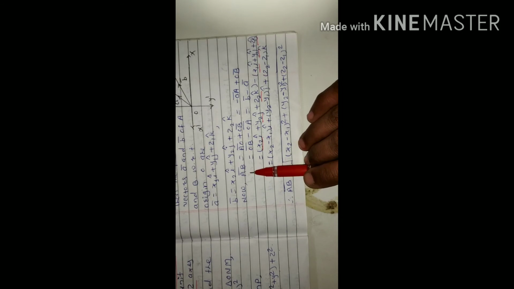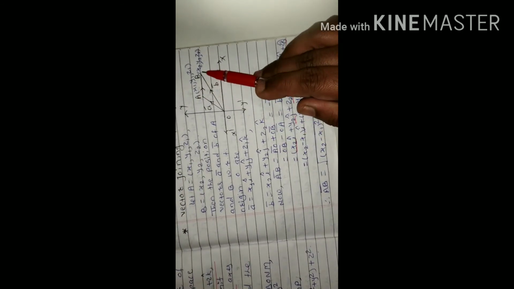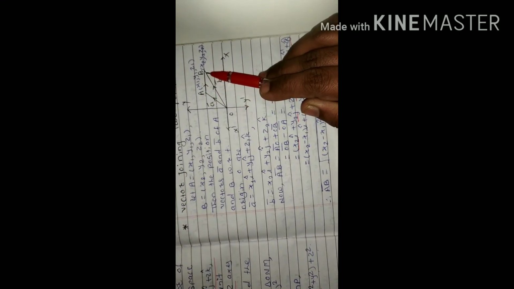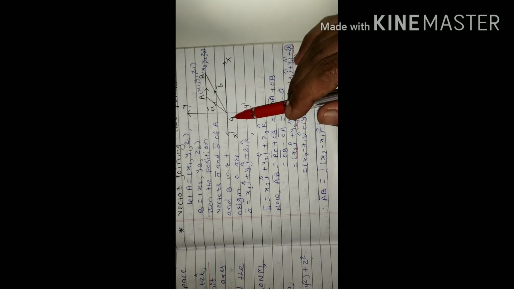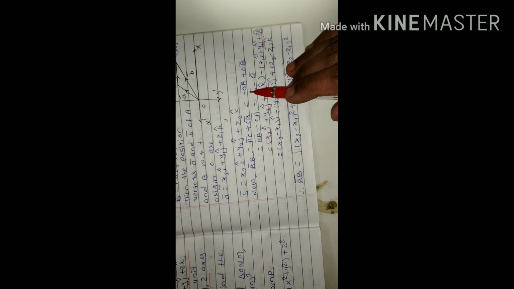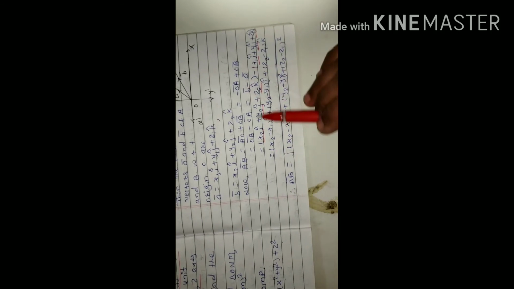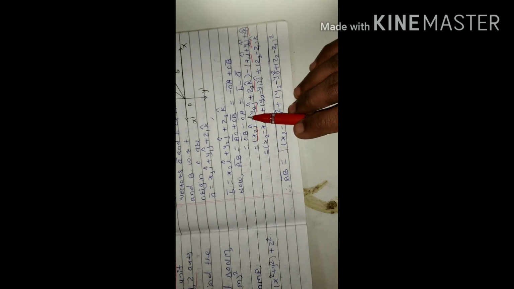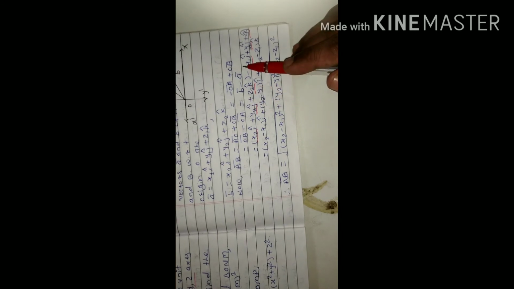Now the vector from A to B, AB bar, is equal to AO plus OB, which we write as minus OA bar plus OB bar. Then OB bar minus OA bar is equal to B bar minus A bar.